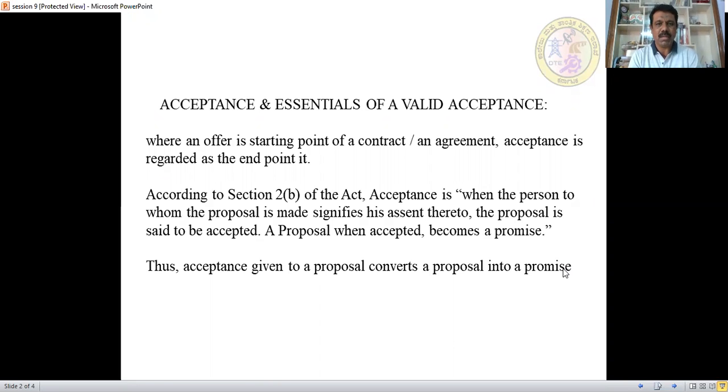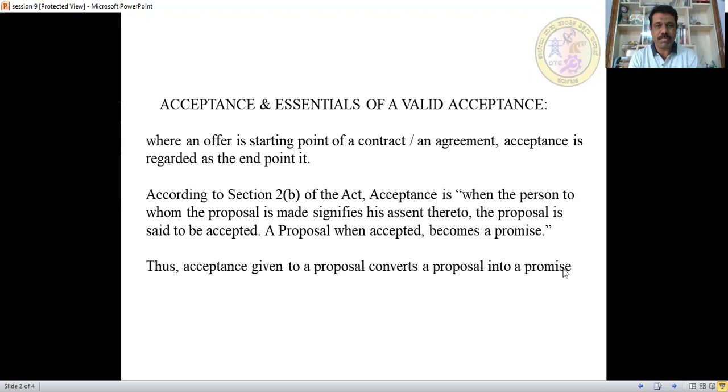Acceptance and essentials of a valid acceptance. When an offer is the starting point of a contract or agreement, acceptance is considered as the end point of it. So both offer and acceptance are needed for entering into a valid contract.